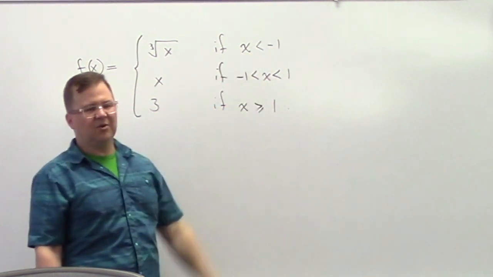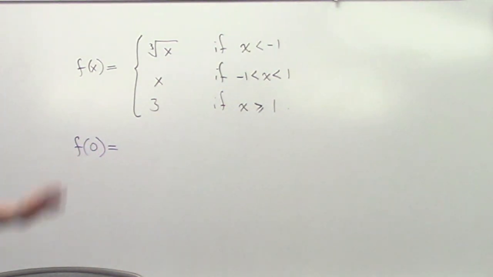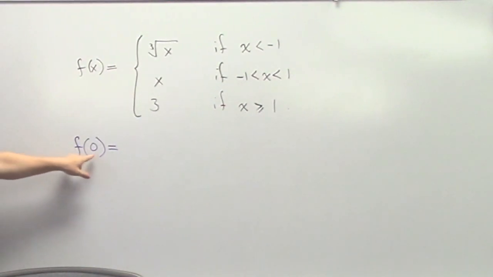Piecewise functions are kind of weird in that you have to read from right to left. You notice that? The important information is over there on the right. If I want to know what f of 0 is, I have to first figure out which set of instructions to follow.